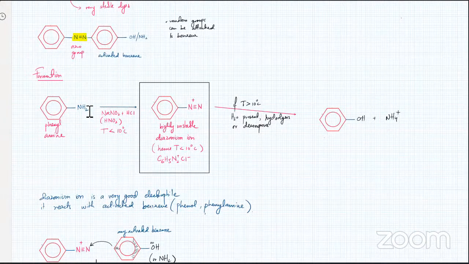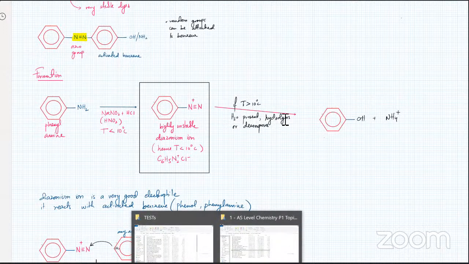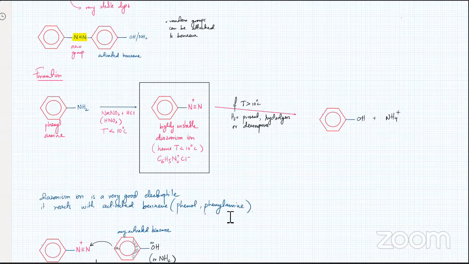We learned that you take a phenylamine and react it with NaNO2 plus HCl, and the temperature has to be less than 10, because it's a very unstable compound that is formed. If the temperature increases to greater than 10, the N≡N+ quickly decomposes and ends up forming a phenol, as it hydrolyzes with water. But the point was, what do you use the diazonium ion for?